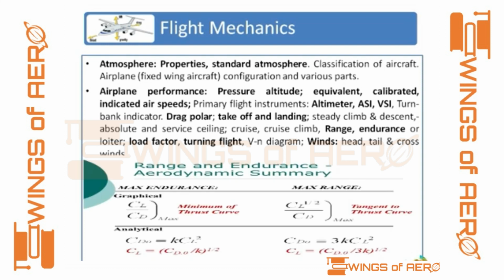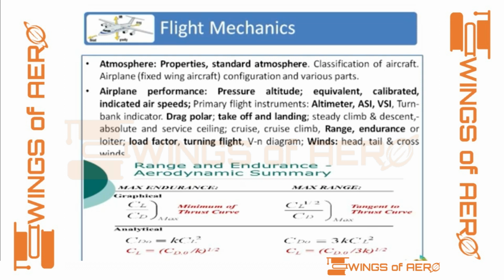Then comes our important topic, range and endurance. For range and endurance, you should know the definitions, and we will be studying two cases, that is jet engine and propeller engine. For jet engine and propeller engine, there will be formulae.